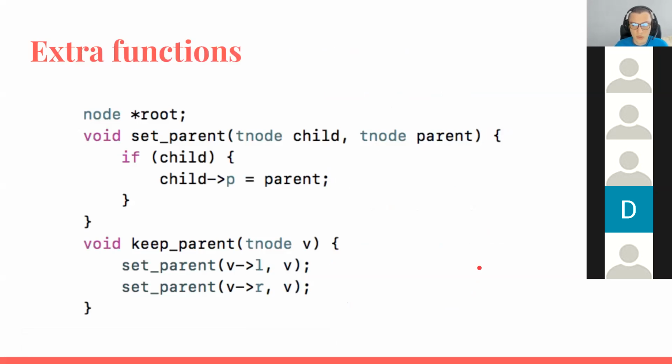So first we should learn a few more functions. SetParent, obviously, means that for some node child, we say that P is its parent. So we should be sure that child is not null, and if it is not null, we're just setting its parent to P. And we have one more function, KeepParent.